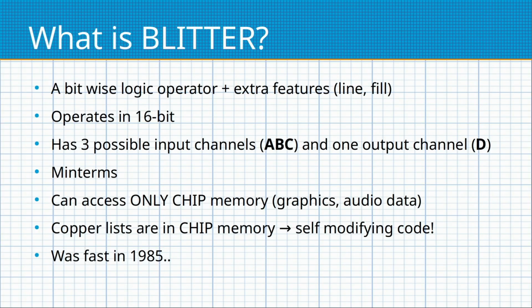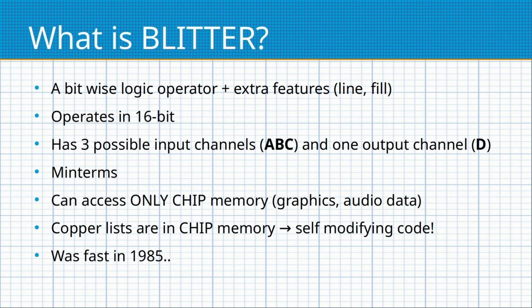Then we are coming to the other mighty chip, Blitter. It has extra features. The line and fill are not covered here. It's a little bit more complicated. And actually the Blitter goes to a different mode if you trigger them. So we are focusing here only on the basic data movement and the logical operations that it can do to combine 3 sources of data.